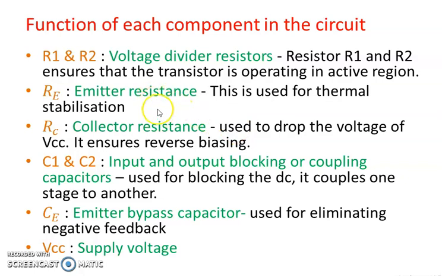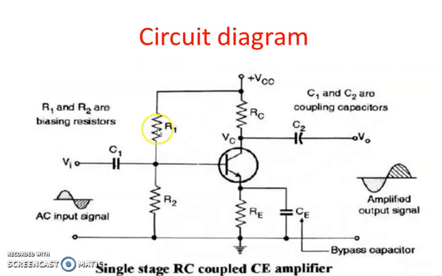We should know the functions of each component used in the circuit. The first components, used in the voltage divider biasing, are R1 and R2. R1 and R2 are known as voltage divider resistors. Voltage divider means R1 and R2, where R2 is connected to ground and R1 is connected to VCC.